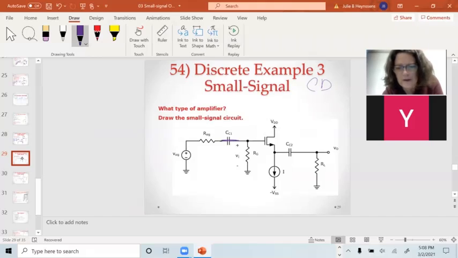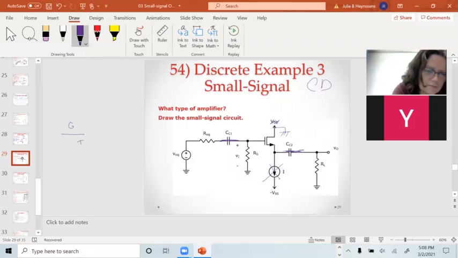I short out the capacitors, put my DC sources to ground, and open up my current sources. So I start out over here, my gate, plus minus VGS. You get to do this on the next homework, and I'm sorry about that. Homework 7's bad. I gave you an extra day for it.